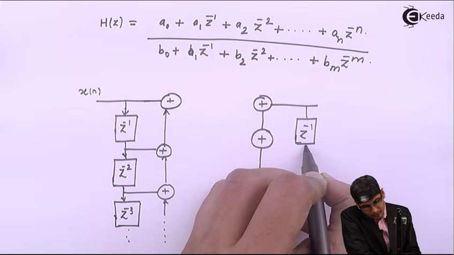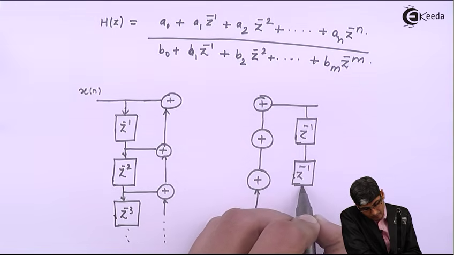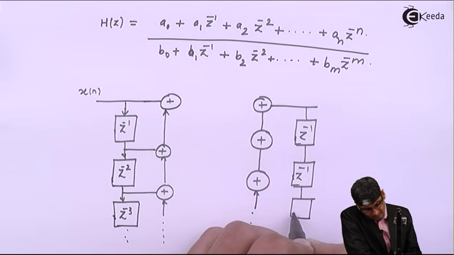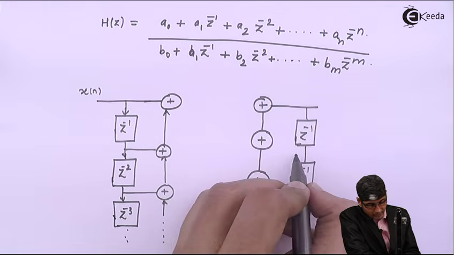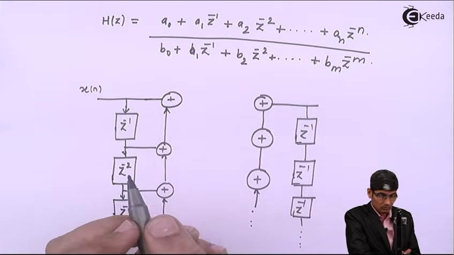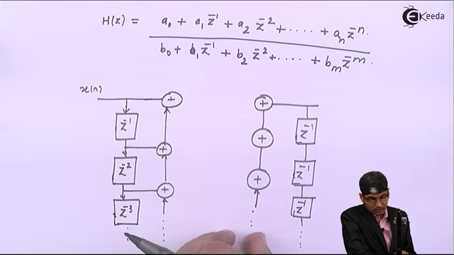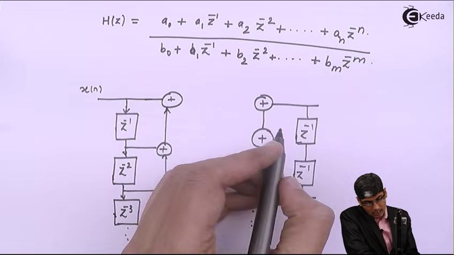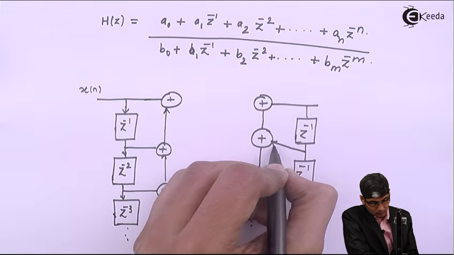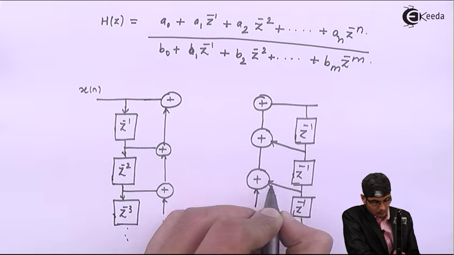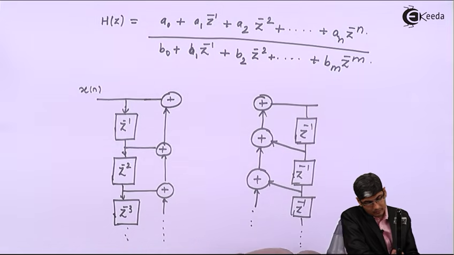That means z inverse first and then the adders. You can draw it likewise also. So I have to draw again a string of z inverse and a stream of adders, and then I will add the coefficients. So this will go like this, right?